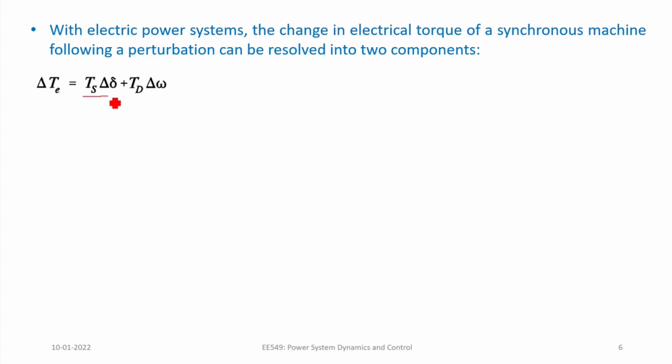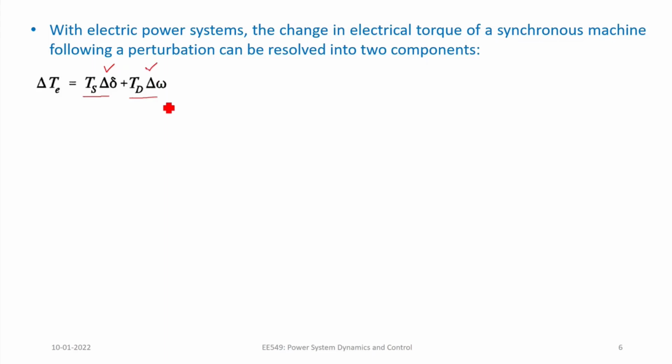One is called the synchronizing torque component, the other is called the damping torque component. The synchronizing torque component is proportional to the change in the angular deviation, and the damping torque component is directly proportional to the change in the speed, right?